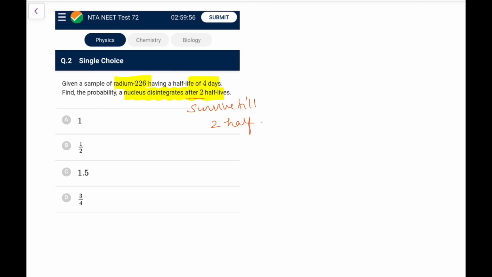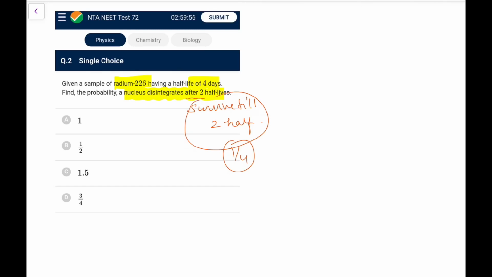That means the probability that it disintegrates after 2 half-lives would be equal to 1 by 4. So as per me, this answer should be 1 by 4, but I don't see any option, so it's tough to comment now. So the probability a nucleus disintegrates after 2 half-lives for me is 1 by 4.